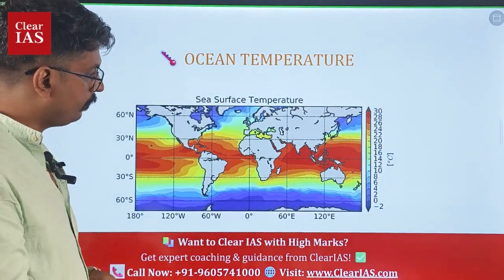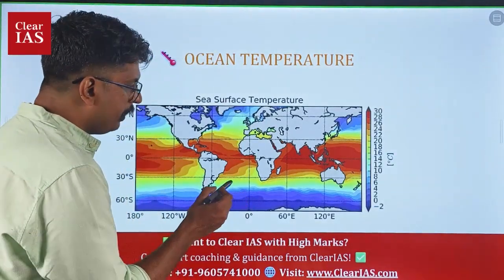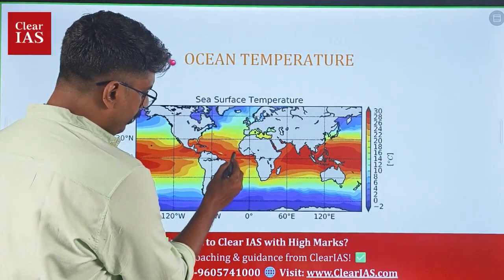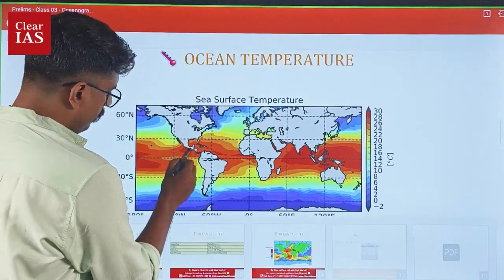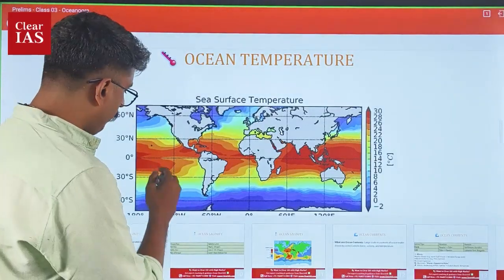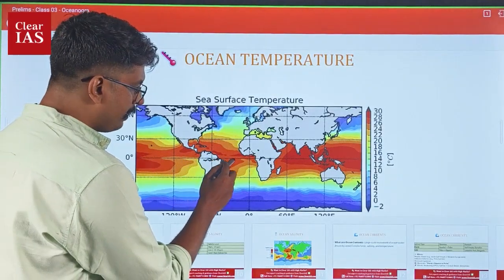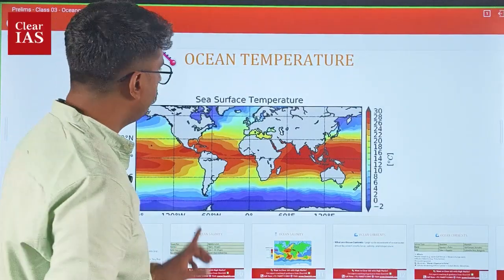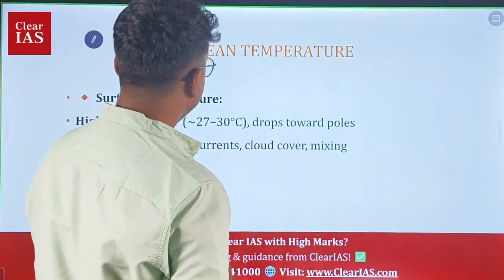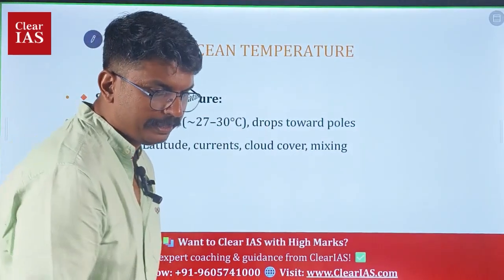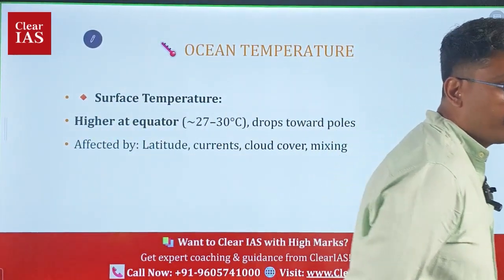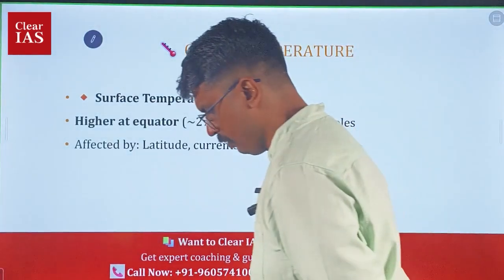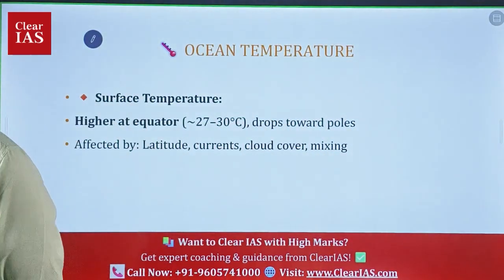See the red darkness, here it is less dark, but here it is more dark. Can you see? On the equator it is a little less dark. Very good. So write down: higher at the equator, 27 to 30 degrees, and it drops towards the poles.